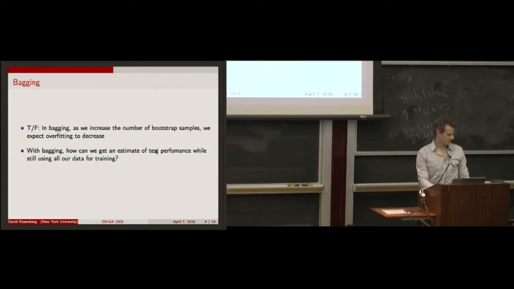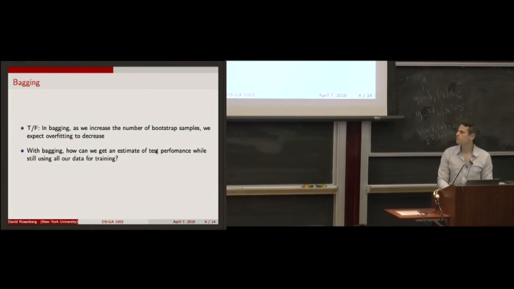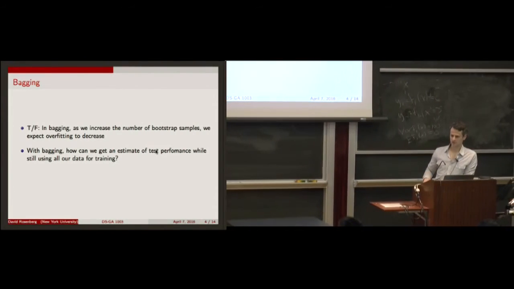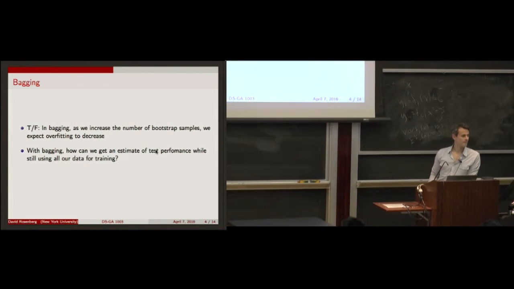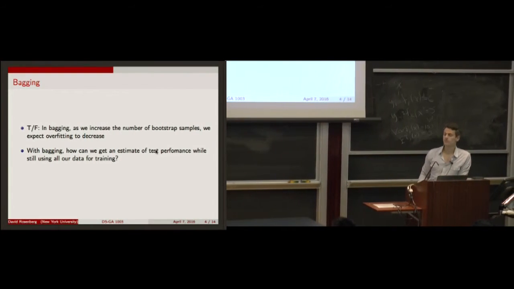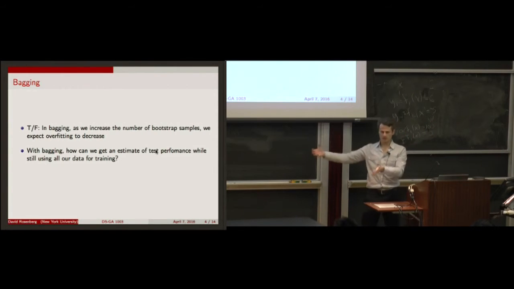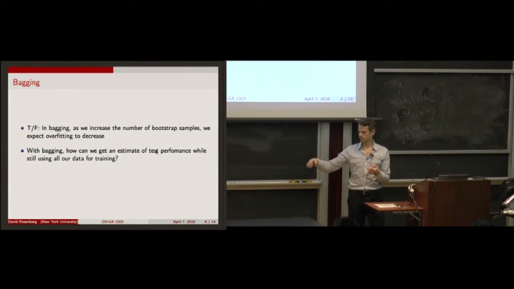Okay. All right, so with bagging, how can we get an estimate of test performance while still using all our data for training? Say again? Yeah, this out-of-bag method. So in every round of bagging, we take a bootstrap sample and some fraction, roughly, remember how much percent? 30-something percent, like 1/e-ish, isn't sampled.